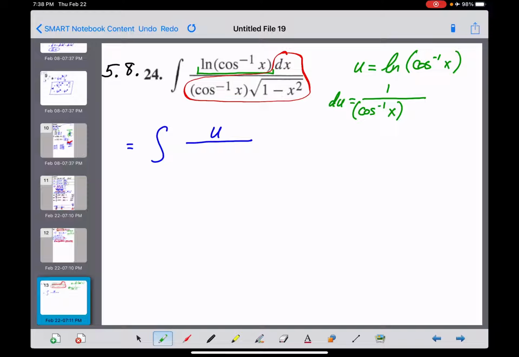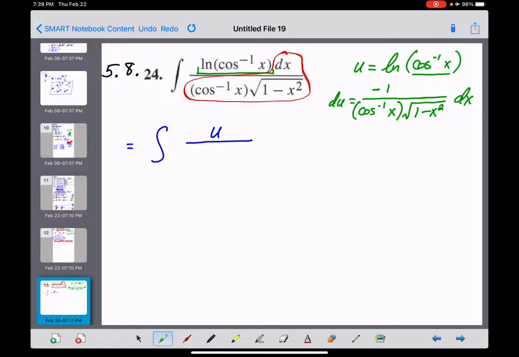Wait, but there's more, times the derivative of that product. And the derivative of inverse cosine of x is negative 1 over the square root of 1 minus x squared. So the negative, I'm just going to multiply by the existing positive 1 to get a negative up on top, times the square root of 1 minus x squared. And of course, there's a dx at the end of all that.